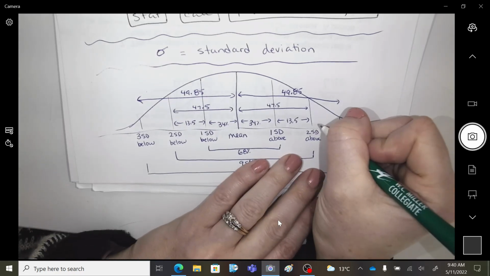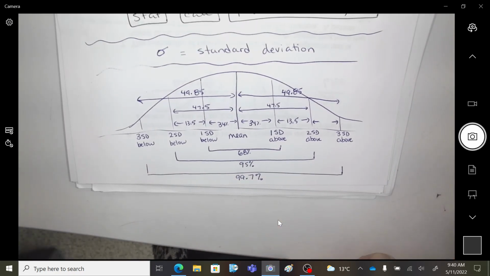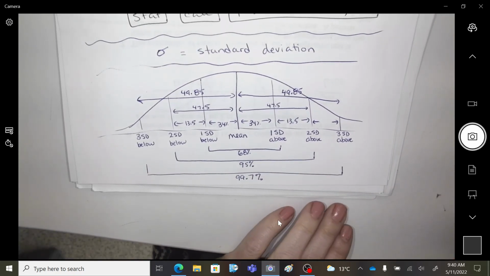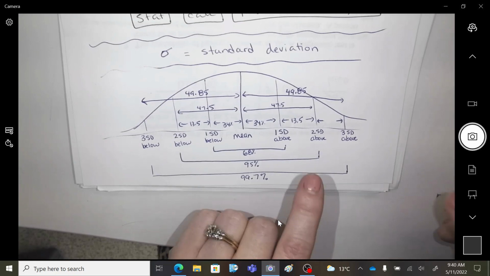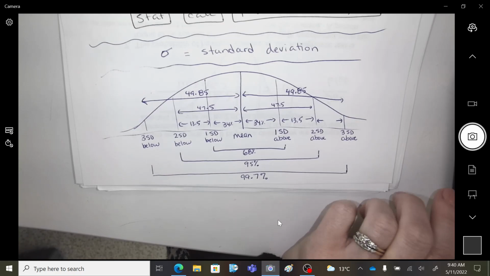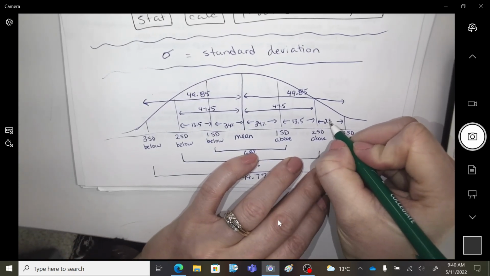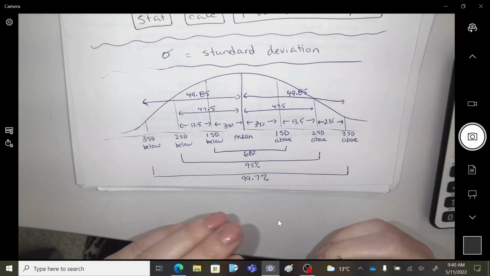Which leaves me with what in that little chunk? So now I'm going to subtract that. So 2.35% of the data is in that zone.